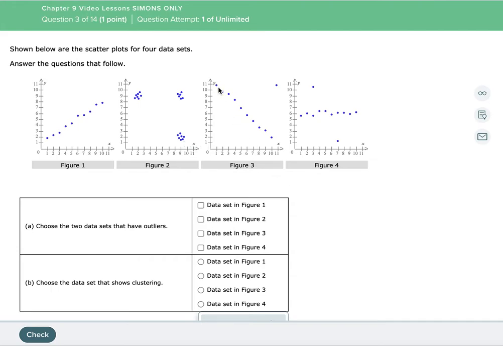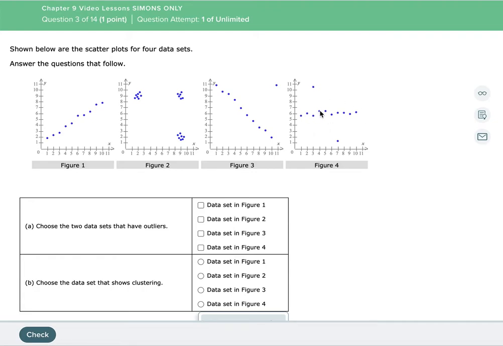Figure 3 looks pretty good, except you've got one point right here that's off doing its own thing. That is what we call an outlier. It lies outside the rest of the data. Figure 4 shows 2 examples of outliers.